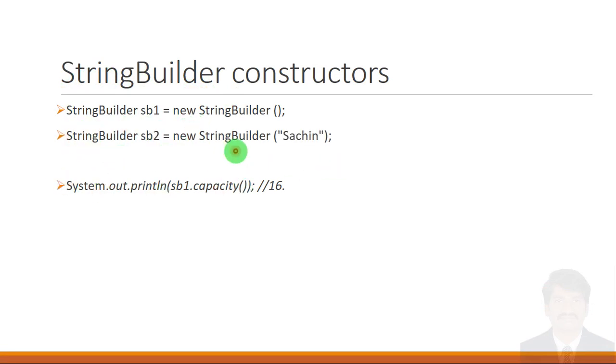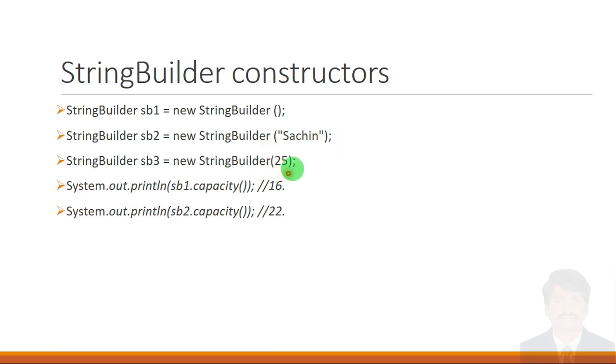And whenever you provide a string, it will create the string builder with string length plus 16, 22 capacity. And the third one is where you can specify how much capacity the string builder requires. In this case it will create 25.